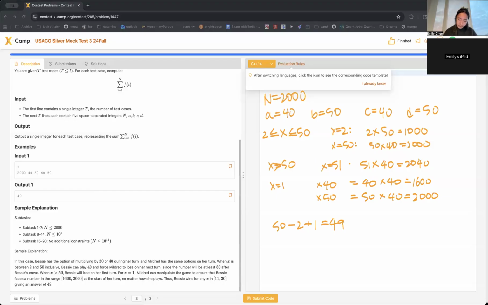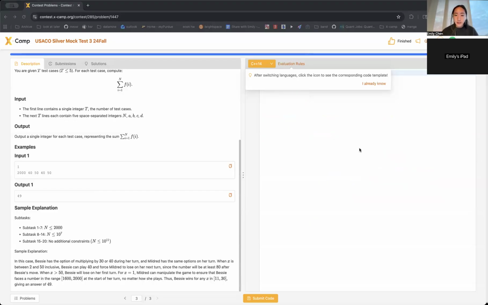Okay. Now, for this problem, we can consider a DP array of i and either 0 or 1. DP of i, 0 would mean it is currently Bessie's turn, and x is equal to i.